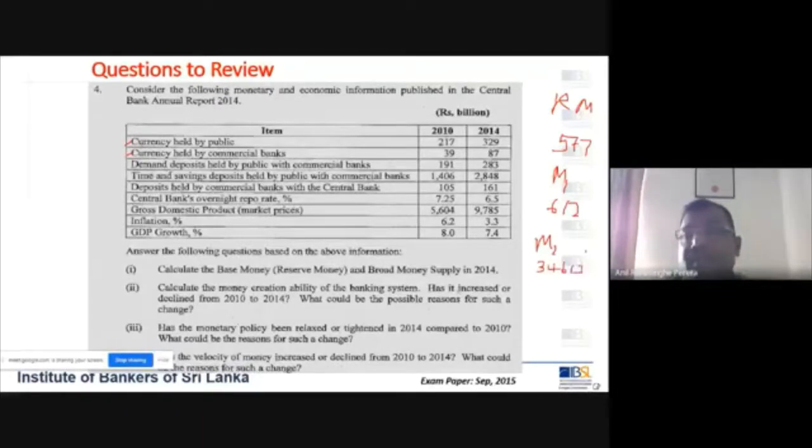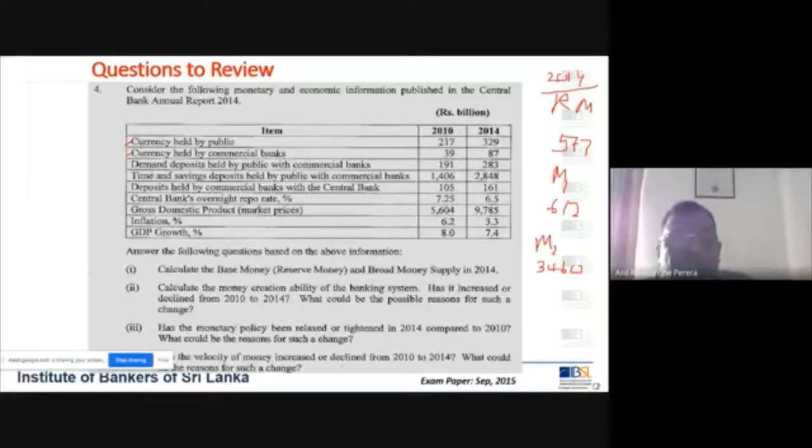So these are the numbers for 2014. Okay. Let's go. Now, if you do this calculation in the exam correctly, you get 5 marks straight away, right? You don't need to give explanations or whatever. Just you do the calculation, you get 5 marks.